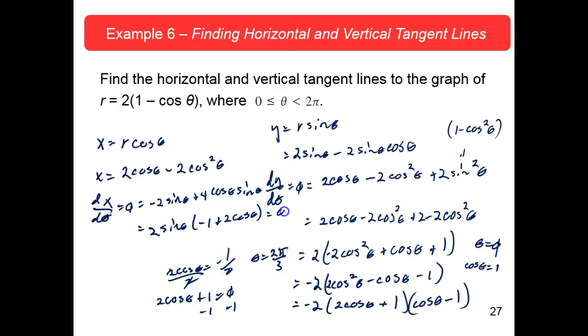And that's supposedly equal to 0, right? Well, 2 is never equal to 0, so we don't have to worry about that. Whereas sine theta equals 0, so either theta equals 0 or one other place between 0 and pi.